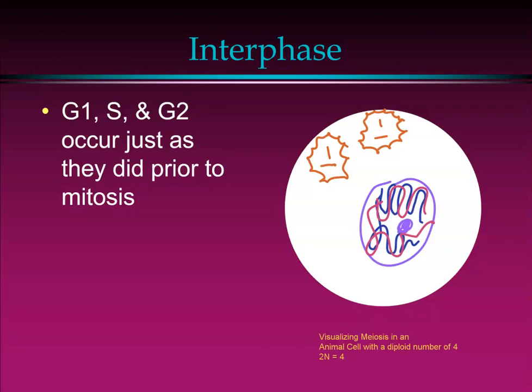So remember that interphase involves 3 substages, G1, S, and G2, and they have the same exact events as we learned about in mitosis. So if you want to review those, you will go back to the lesson on mitosis and see the details of G1, S, and G2. So the cell that I've shown here would have already gone through gap 1 and S. So this would be specifically in G2.